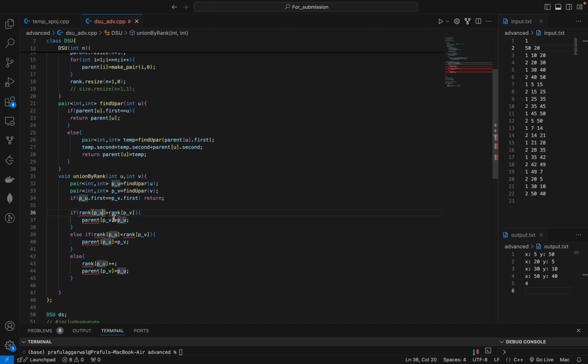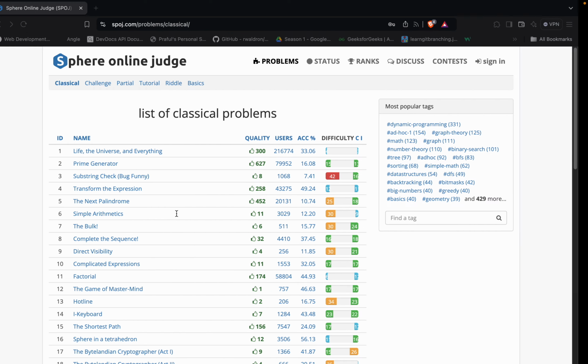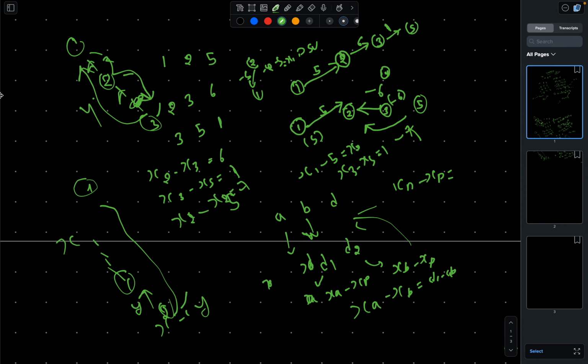So if the rank of ultimate parent of u is higher, so we should attach all the nodes of v also to u. So how do we do that? For example, there's this one graph and this another graph.